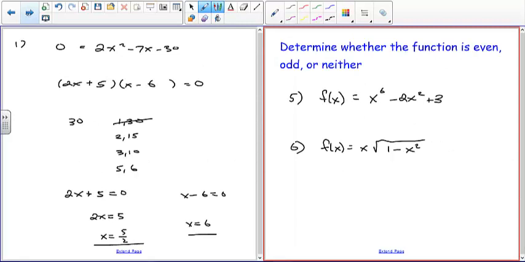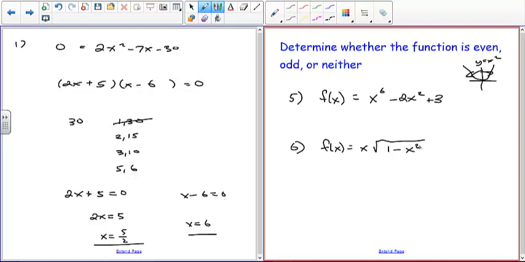Okay, and then the question of whether something is odd or even. Just as a reminder, y equals x squared is even, which means that if you go either side of the origin, you're going to have symmetry.